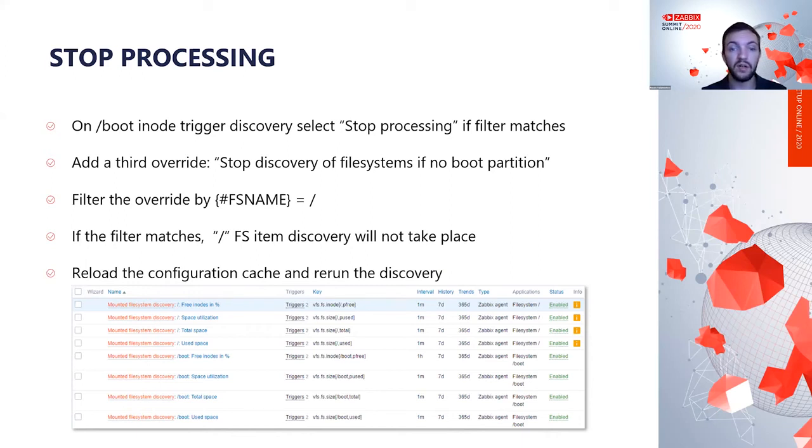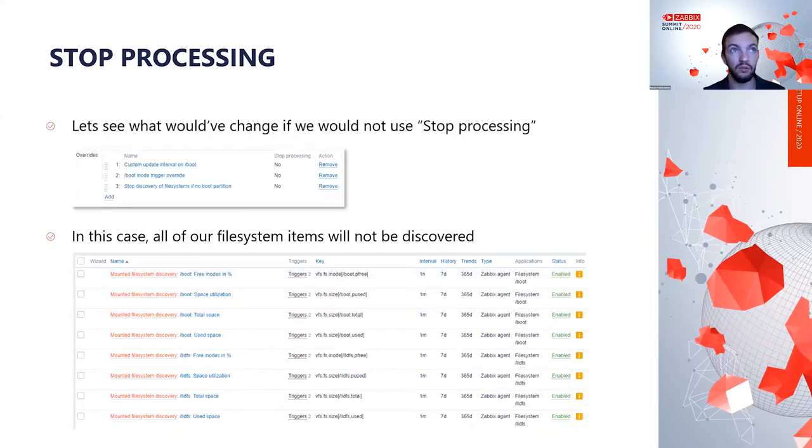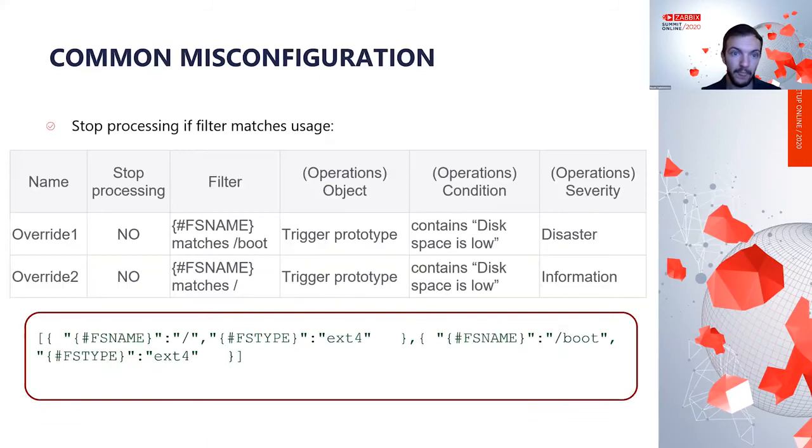Therefore, other items have been created. But if all of the overrides will take place, no stopping at the processing, then eventually we will get to the override which will simply not allow us to discover any more items from this discovery rule. Yes, and you can see in this particular slide that all of the items are now lost and will be removed eventually.